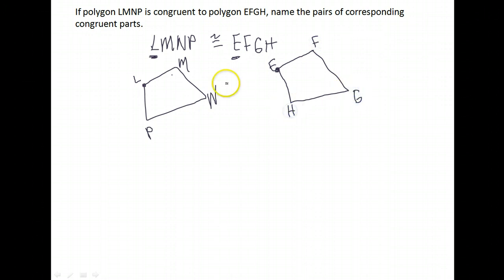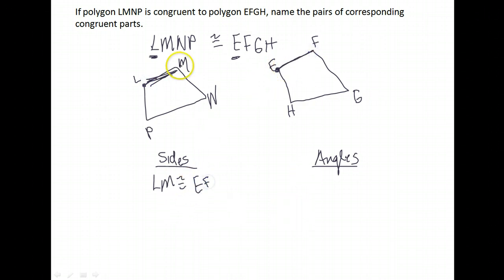Let's match up our corresponding parts. Again, we have sides that are congruent, and we have angles that are congruent. Let's start with the sides this time. Here's my first one, from L to M, my top here, should be congruent to E to F. The right-hand side, MN, should go with FG.